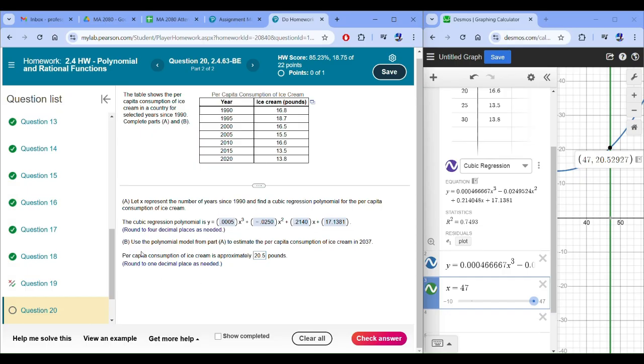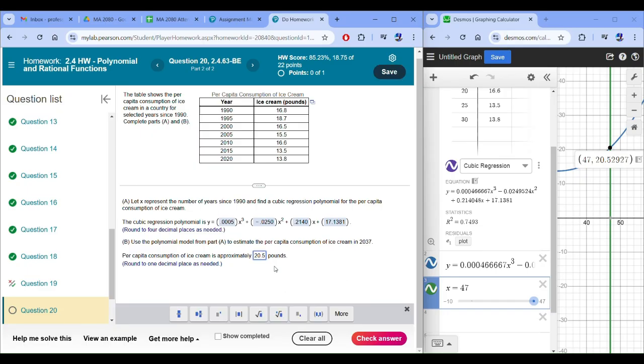Per capita consumption. Use a polynomial model from part A to estimate the per capita consumption of ice cream in 2037. Per capita consumption is approximately, round to 1 decimal place as needed. 20.5. 20.4.